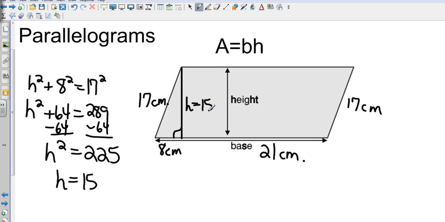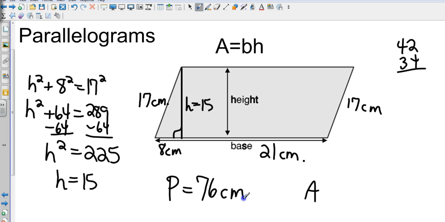They're going to ask us a couple things. They're going to ask us to find perimeter, and they're going to ask us to find area. So perimeter, we're just going to add everything together. We've got 21 times 2, which is 42. And then we've got 17 times 2, which is 34. So that's going to give us a perimeter of 76 centimeters.